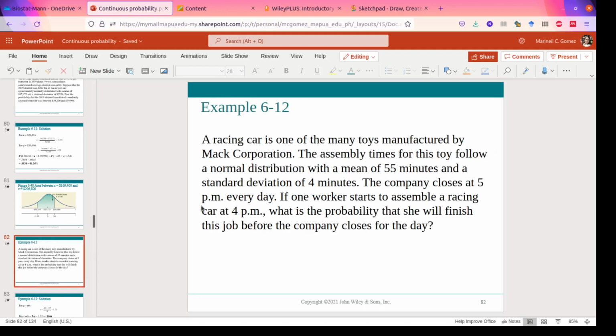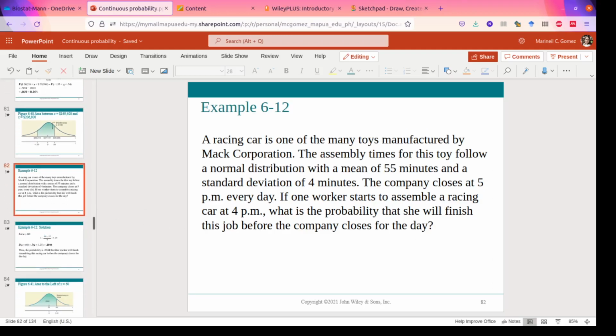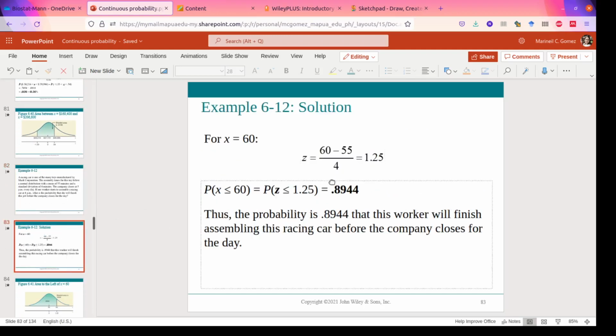So anyway, our x now is how many minutes there are from 4 p.m. to 5 p.m., which is 1 hour or 60 minutes. So if the mean is 55 minutes and the sigma is 4 minutes, what's the probability of finishing early?